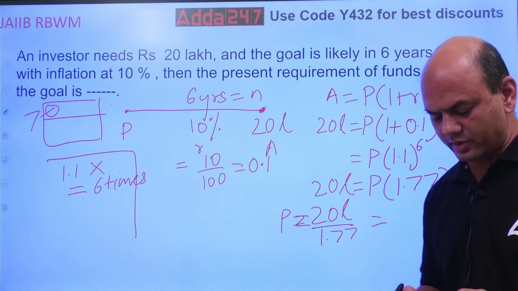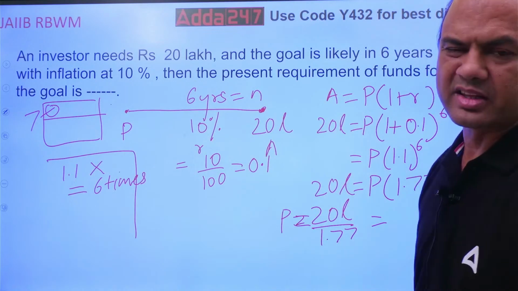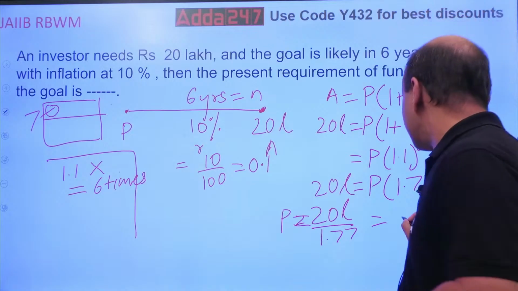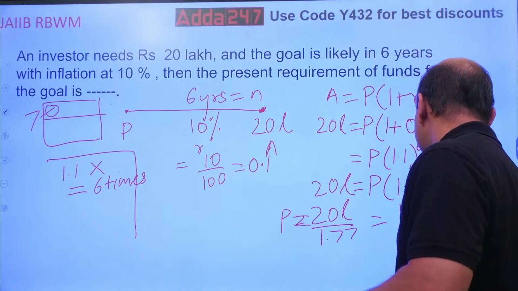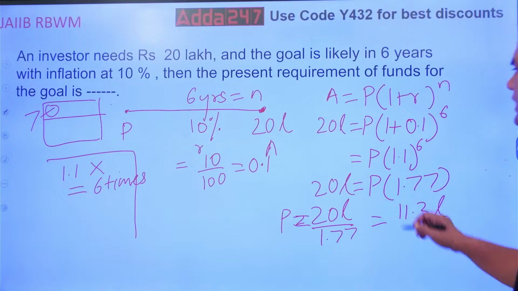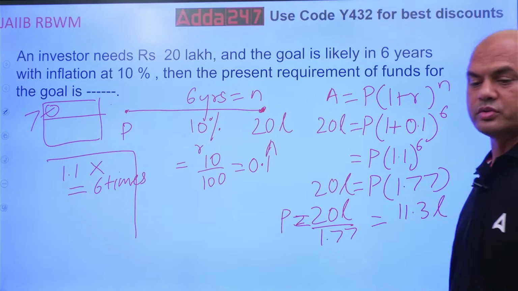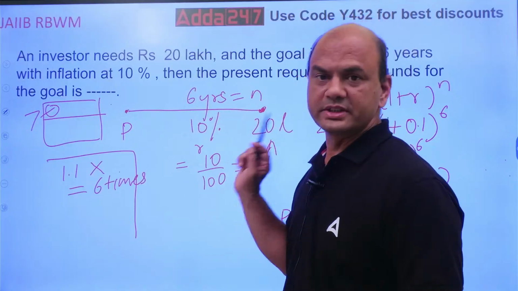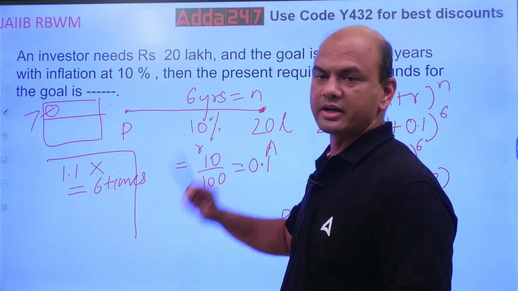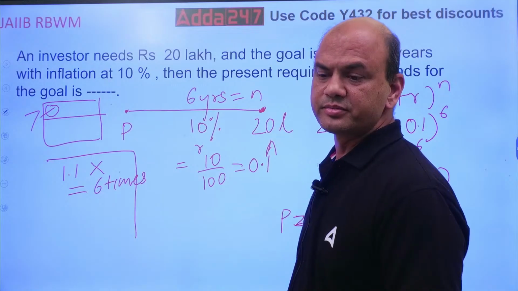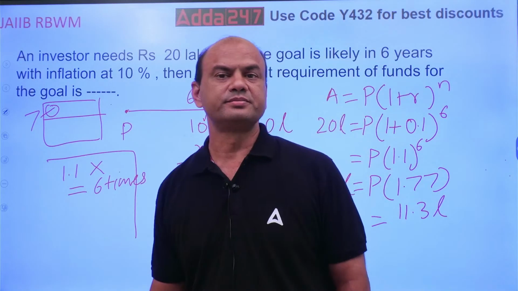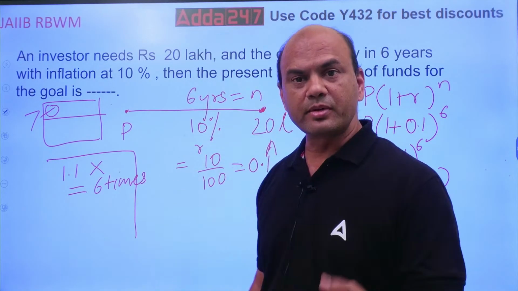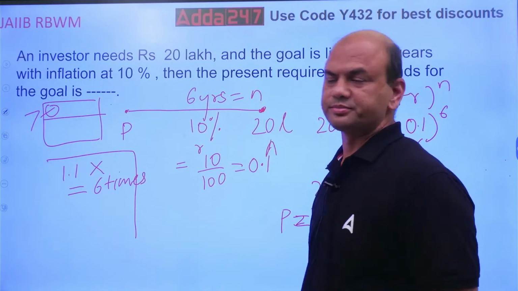I got the answer 11.299, or you can write it as 11.3 also. So 11.3 lakhs is the fund required right now so that I can get 20 lakhs at the end of 6 years with a 10% rate of interest. Got it, everyone? Now a similar problem, next one.